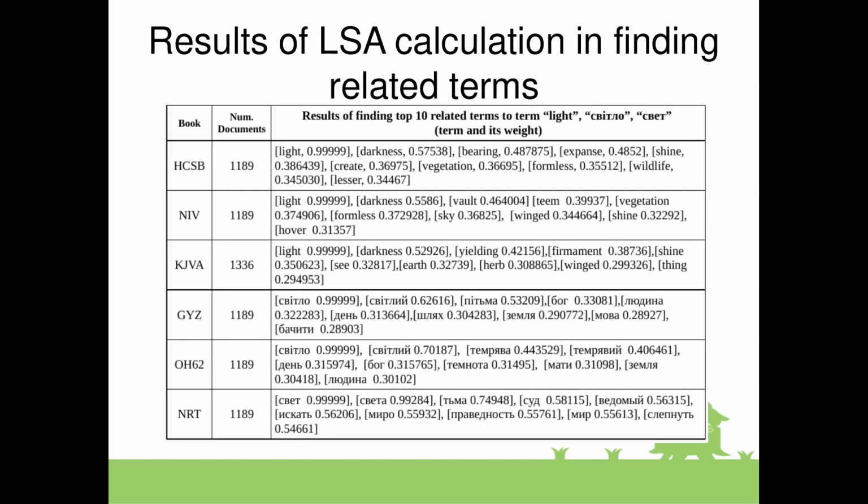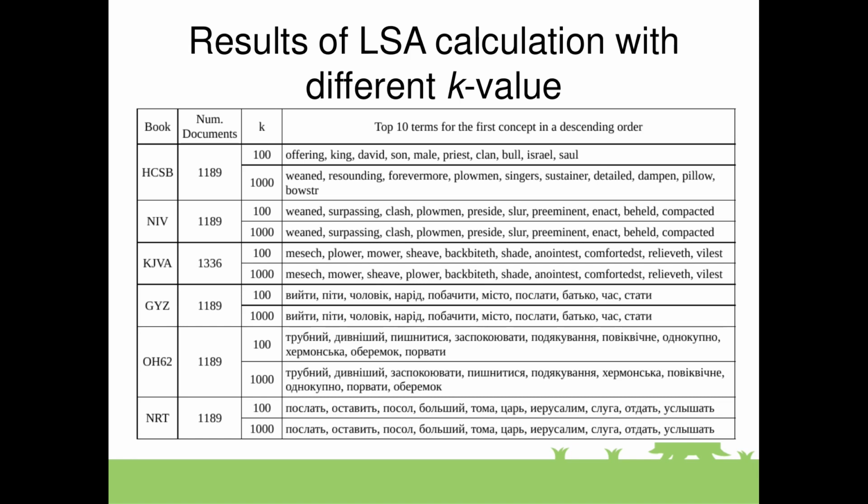In this slide are shown results of the LSI latent semantic analysis calculation. We are finding the top 10 related terms to the term light, svetlo, and svet in the Russian language. We see weights and we see terms. Also, in this slide we see a parameter k, which is used in singular value decomposition.